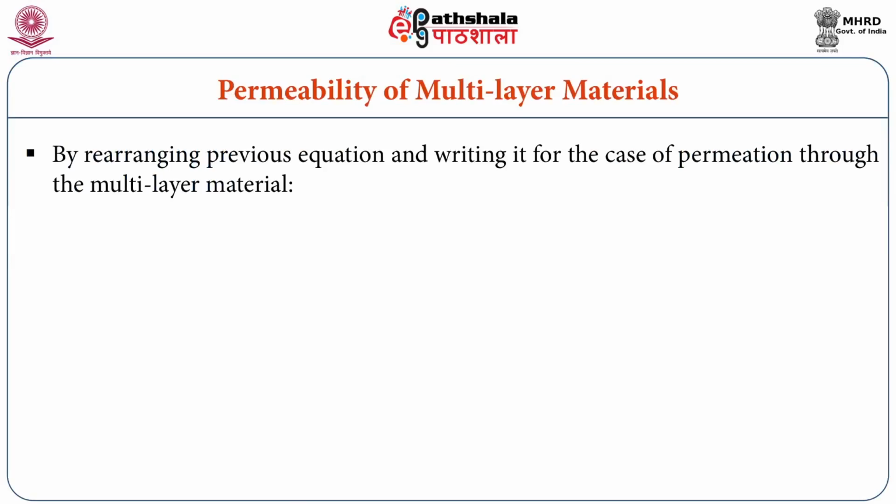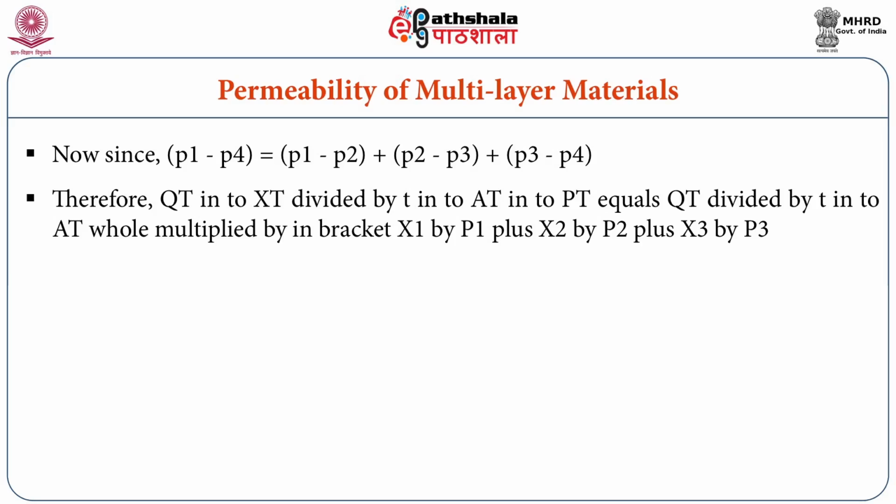By arranging the previous equation and writing it for the case of permeation through multi-layer material, Qt × Xt / (T × At × Pt) = P1 − P4, that is delta p.